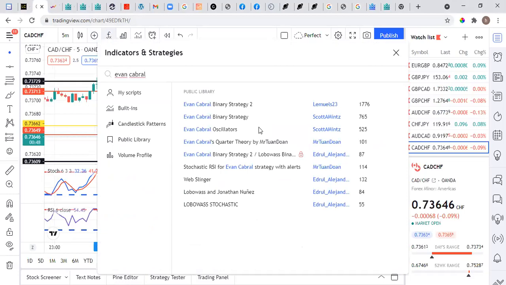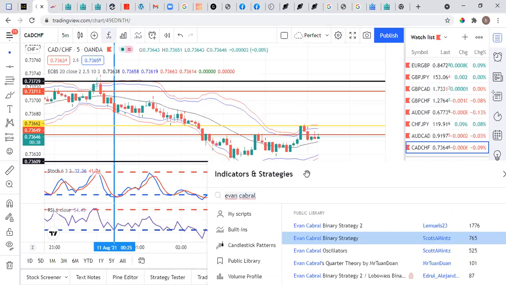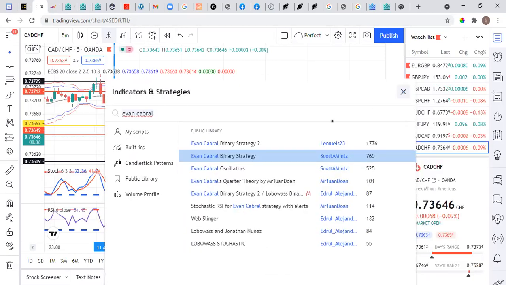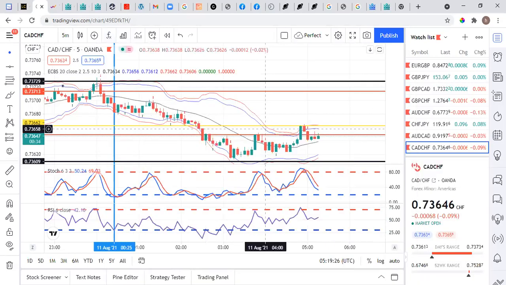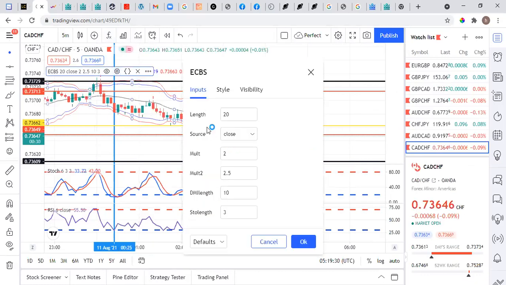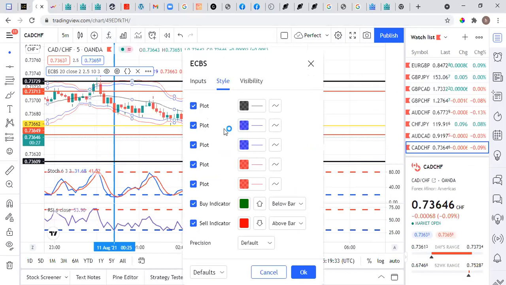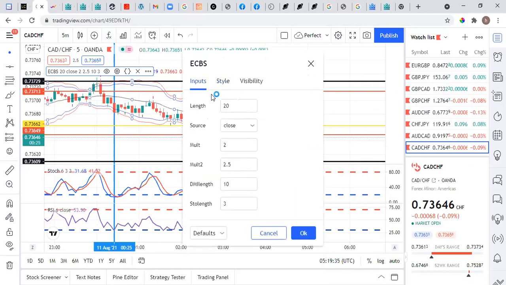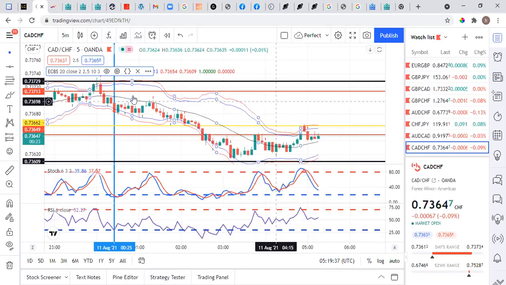I love it because it combines. Which one is it? Yes, let me pick this one first. Is it this one? Let's check. I think it is. No, it's not this one.